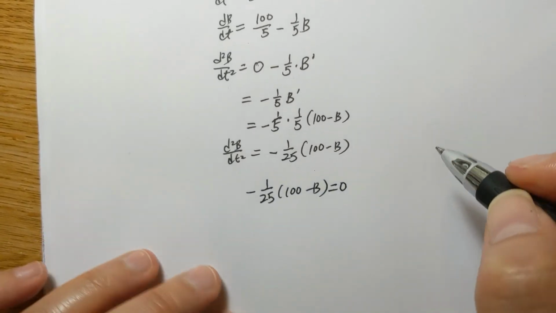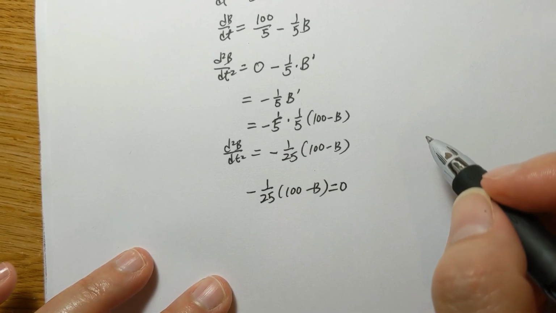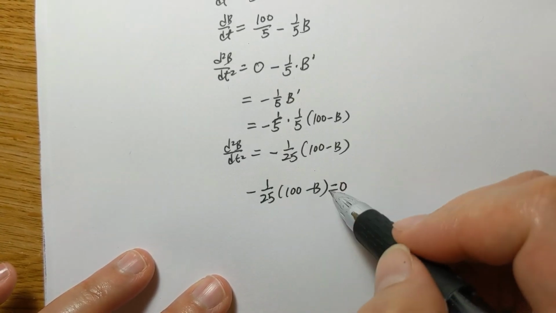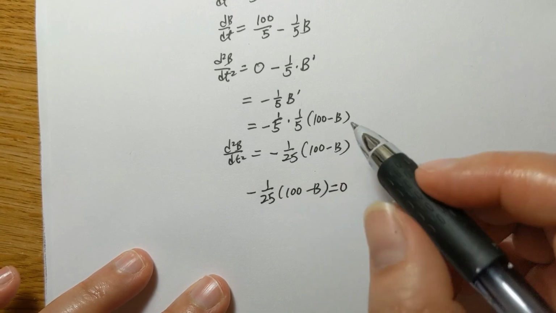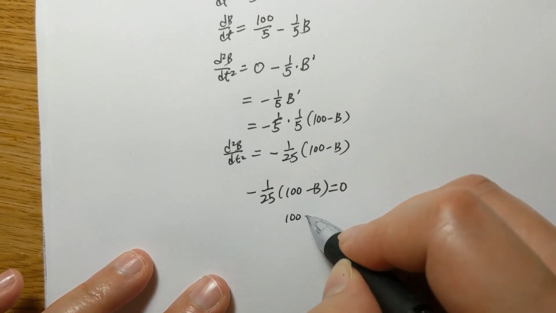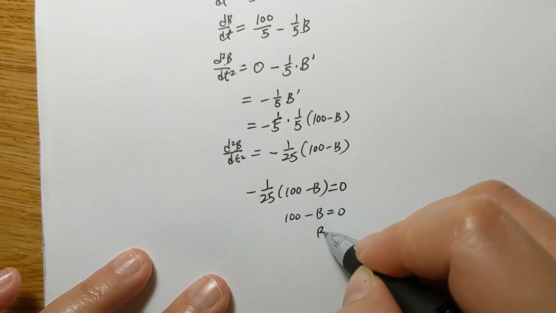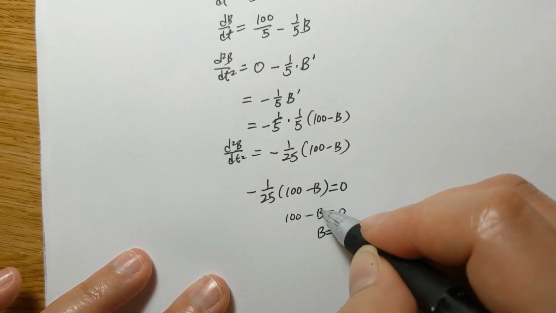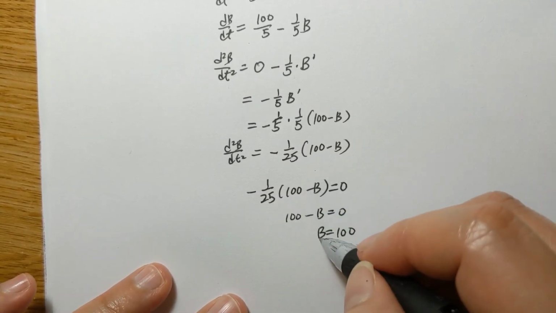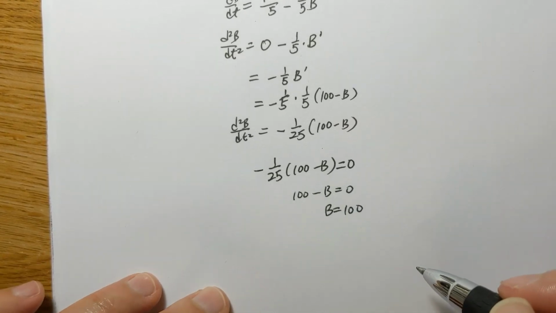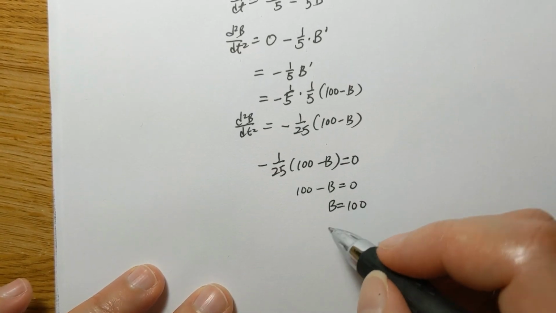One more time, in order to find the point of inflection, you have to make your second derivative equal to 0 and solve for the possible location. So over here, 100 minus B equals 0. Then B has to be 100, because 100 minus 100 equals 0. So B equals 100 is the location of the point of inflection.